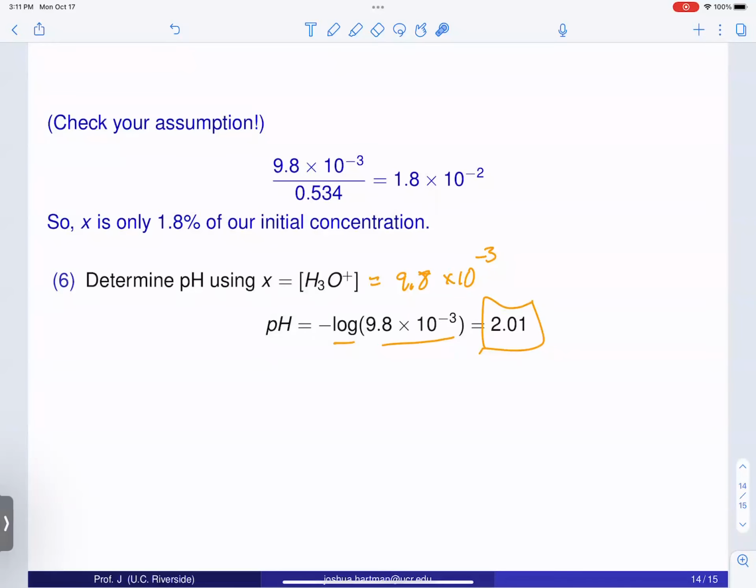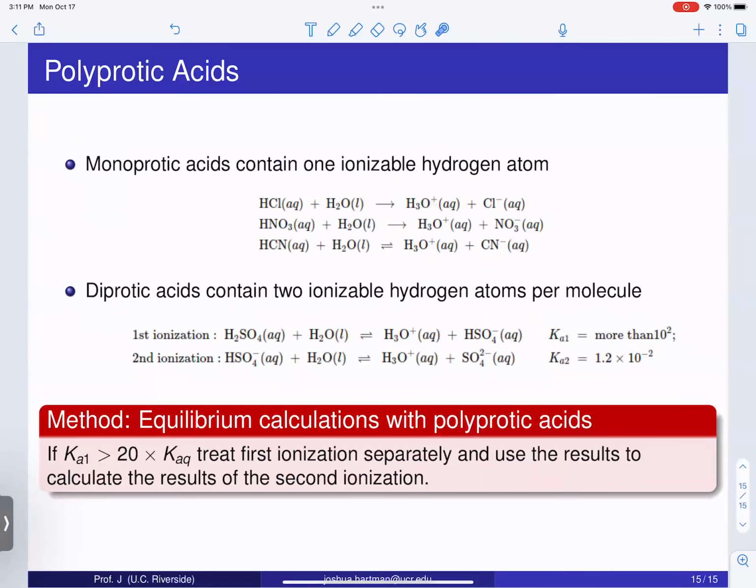Okay. So now that we've got these topics down, we're going to move into our final discussion for this day's lecture, which is arguably the more complicated one. Basically, what we want to do in this final discussion is discuss acids that have a special property: they can give up more than one proton.